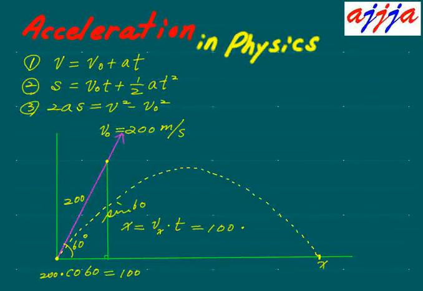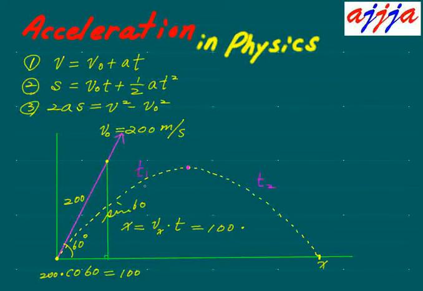Now all we have to find out is the time. How long is this going to be in the air? Simply, we're going to find T1 and T2. Remember, all the way up is time 1, then what about time 2?